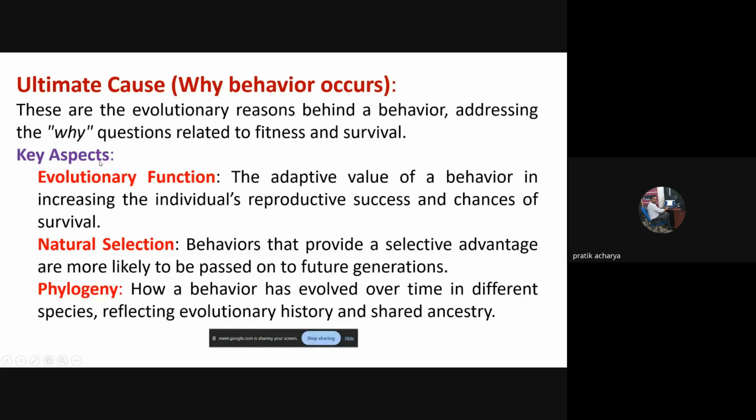So what are the key aspects of this ultimate cause? The evolutionary function is the first key aspect. What is the evolutionary function? The adaptive value of behavior in increasing individual reproductive success. The organism has to increase its reproductive success.